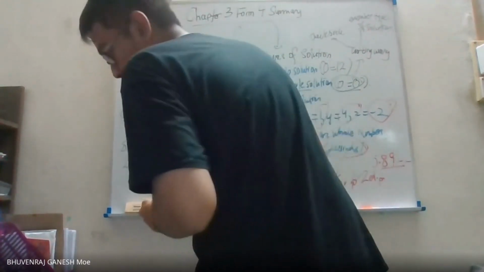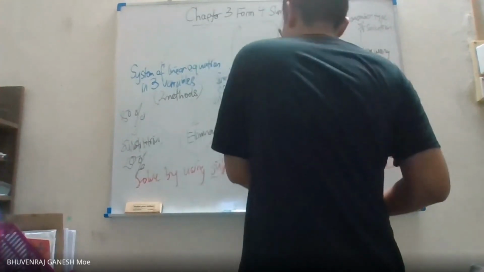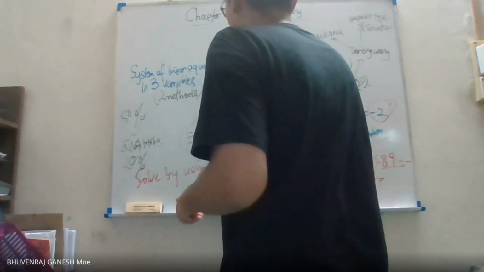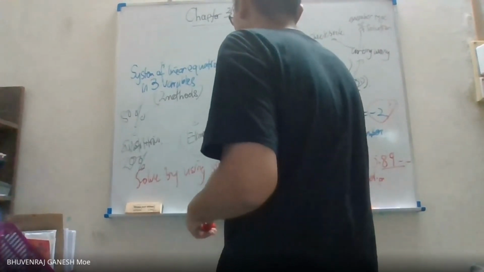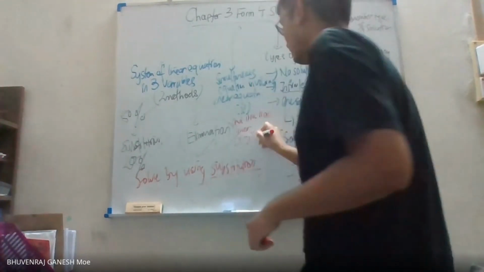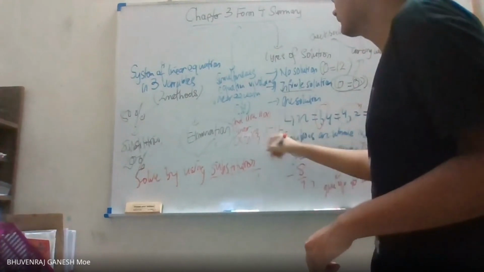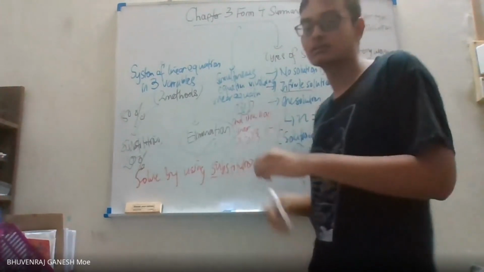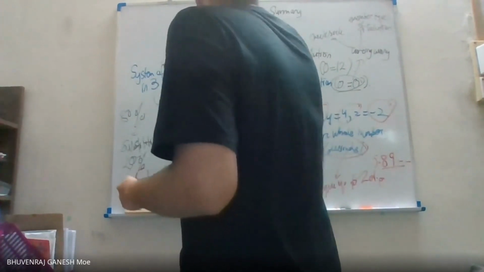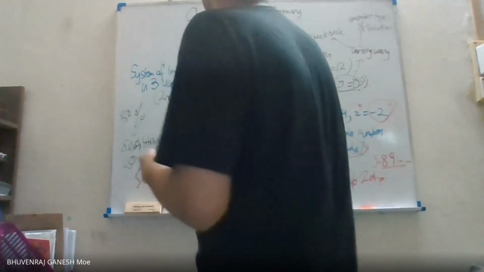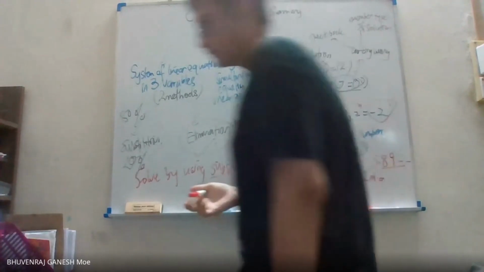And it can also be one linear equation and one non-linear equation. Non-linear means x power 2, x power 3, x power -1. Anything else except x power 1 is non-linear. That's why you won't get a straight line. Non-linear goes like that.